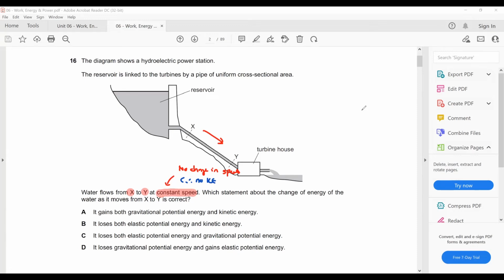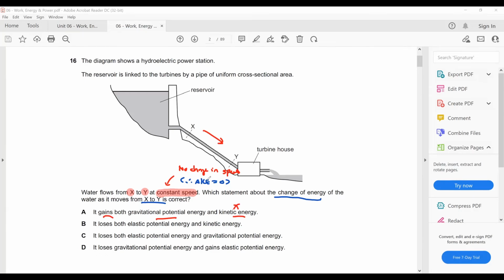KE change is 0. So this one, just see this one first. The water flows from X to Y at constant speed. There's no change in speed. The change in KE is 0. Which statement about the changes in energy of the water as it moves from X to Y is correct? Now we look at the statements one by one. It gains gravitational potential energy and kinetic energy.